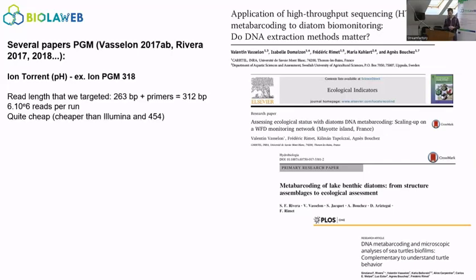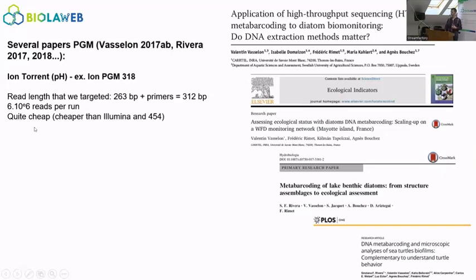In terms of read length, we target 263 base pairs plus primers, so it's 312 base pairs. This is the number of reads we get, 6,000 per run.